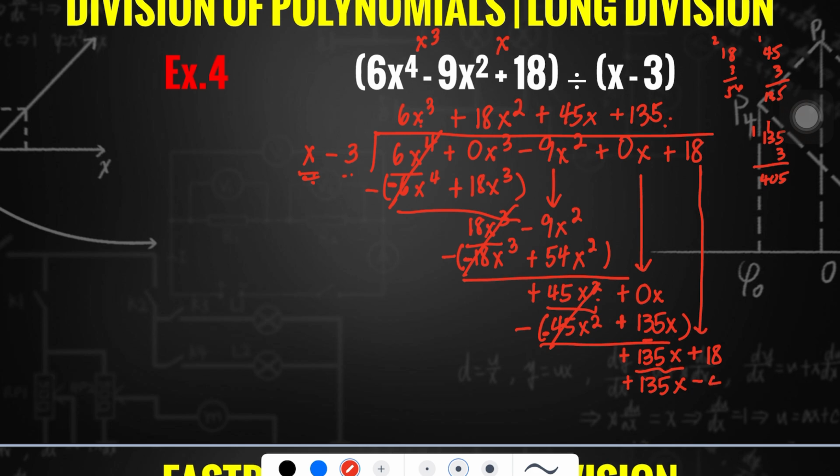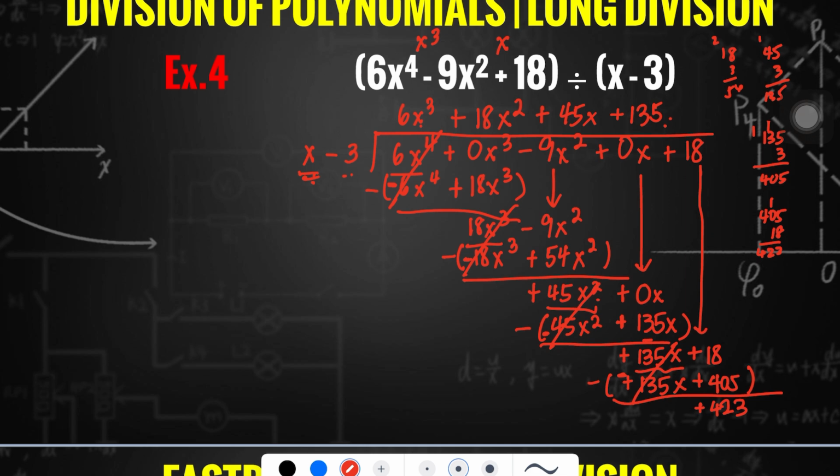My gosh. So subtract them. Change the sign to negative and then to positive. 135x minus 135x, that's 0 or cancel. And then this has become positive now, hasn't it? So 405 plus 18, that's positive 423.